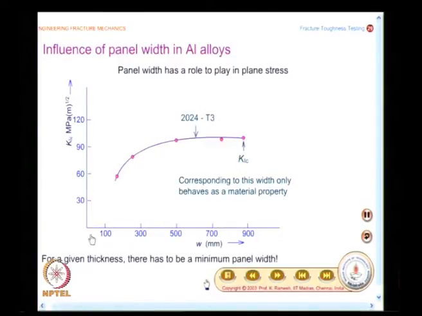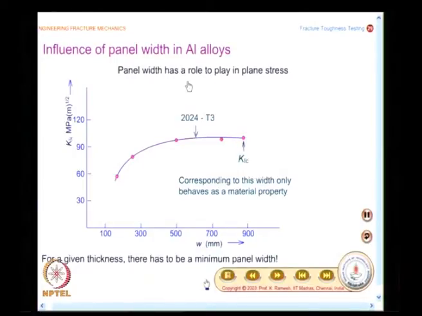So, you have a graph on the x axis, the width of the panel is mentioned, on the y axis you have the fracture toughness, and what you find is if the width of the panel is increased beyond a particular width, the value of K1C remains constant.